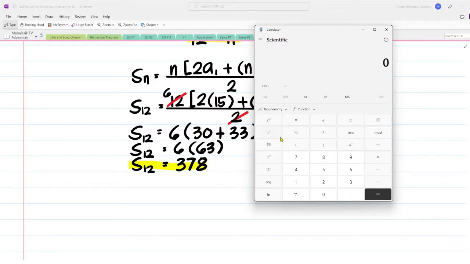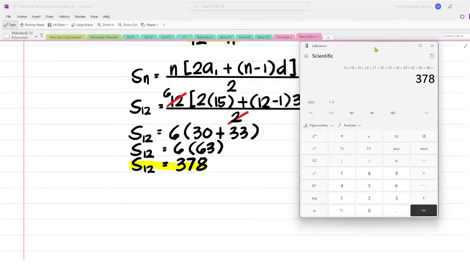And just press it. So 15 multiples of 3 plus 18 plus 21 plus 24 plus 27 plus 30 plus 33 plus 36 plus 39 plus 42 plus 45 plus 48 equals, and you get also 378.